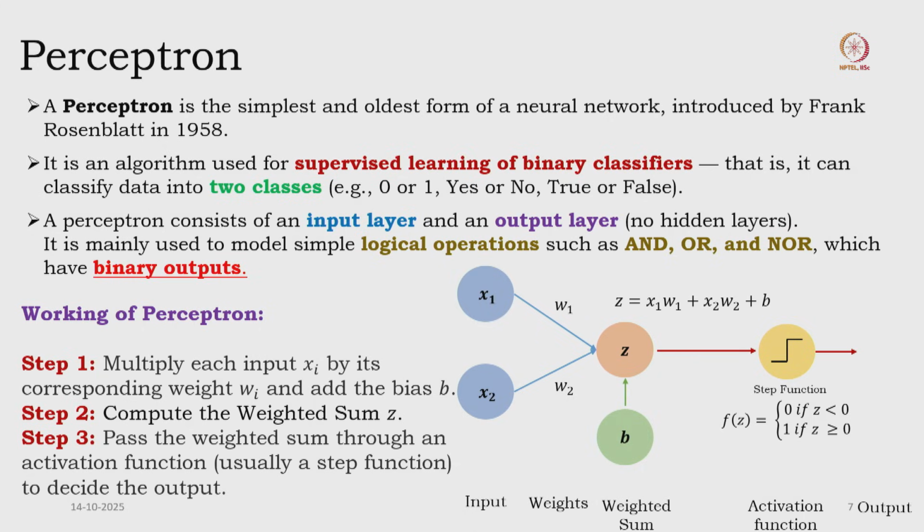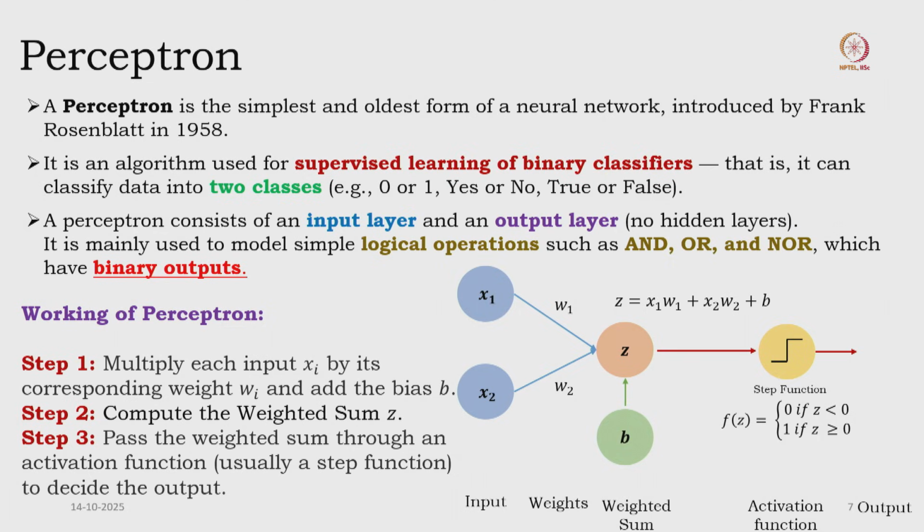What is a binary classification? Where you have only two classes. It can be either 0 or 1, yes or no, or true or false.